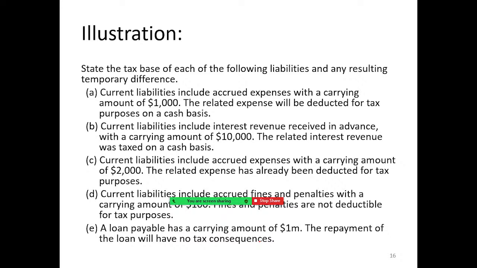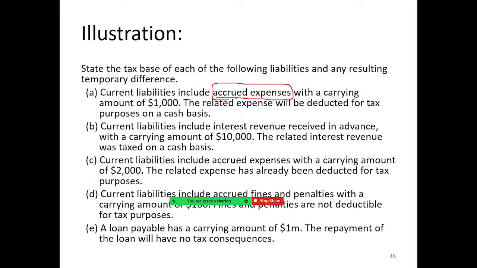Now this illustration is about liabilities. State the tax base of each of the following liabilities and any resulting temporary differences. First one, the current liabilities include accrued expenses with a carrying amount of 1,000. The related expense will be deducted for tax purposes on cash basis.